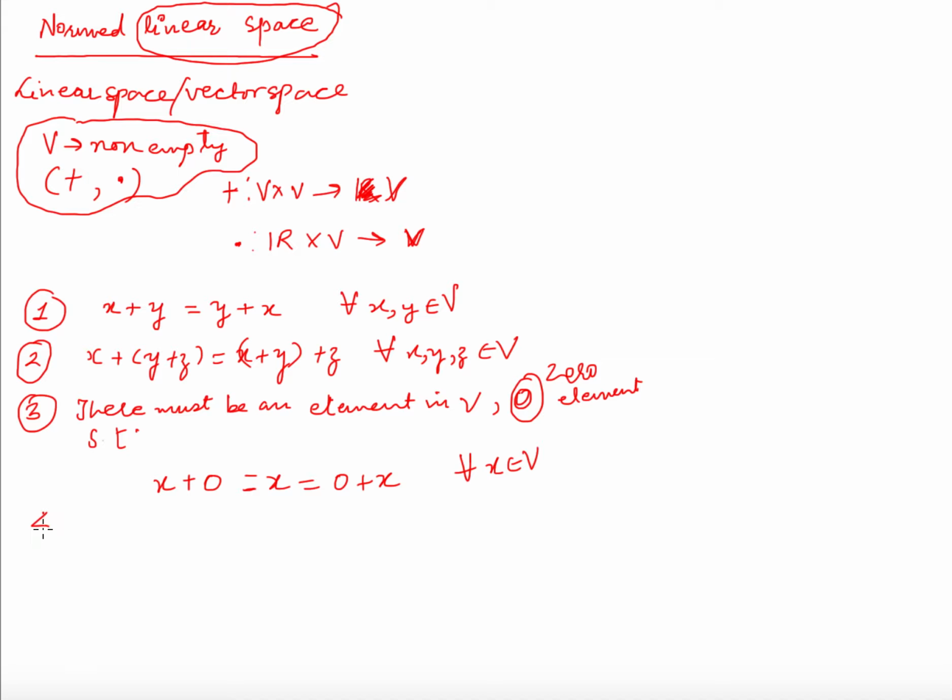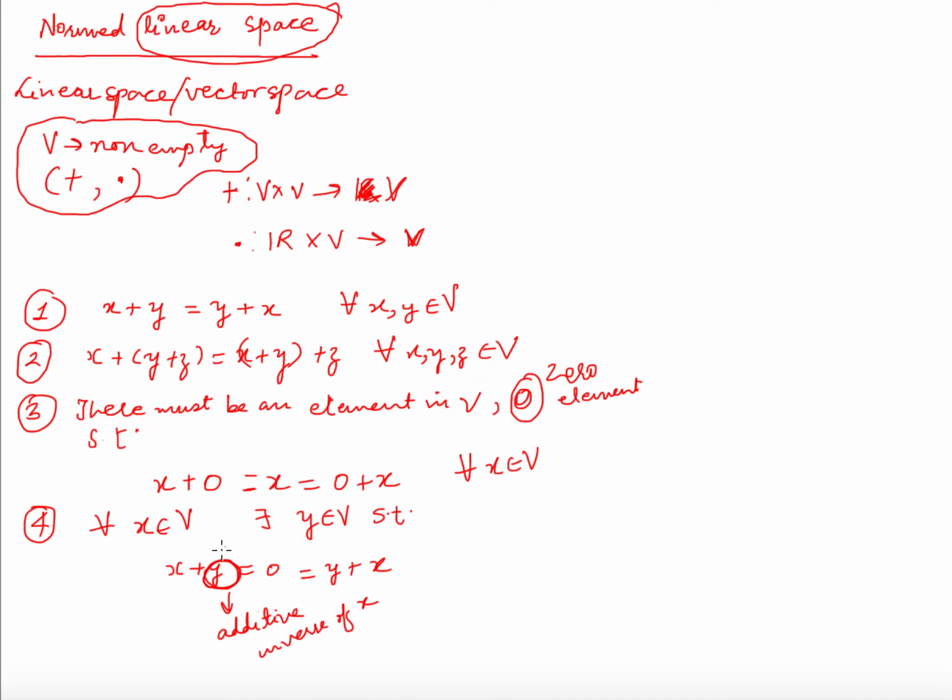And the fourth one is that for all x in V, there must exist an element y in V such that x plus y is equal to 0, which is equal to y plus x. This is called, I'm sorry, this is not additive identity, this is the additive inverse of x.